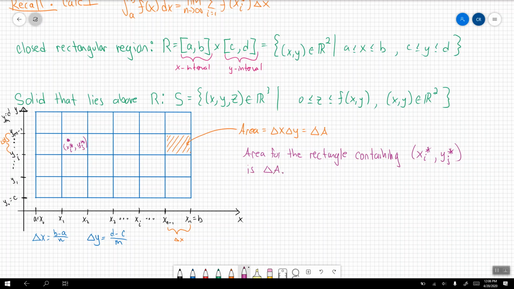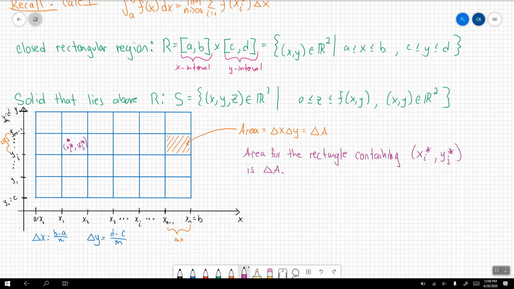And again, I want a random sample point just so that we're staying ambiguous here. It doesn't matter where we choose a sample point, the result is always going to be the same. That's why we label this as x sub i star and y sub j star. The star just means that they're randomly selected on this particular rectangular region.